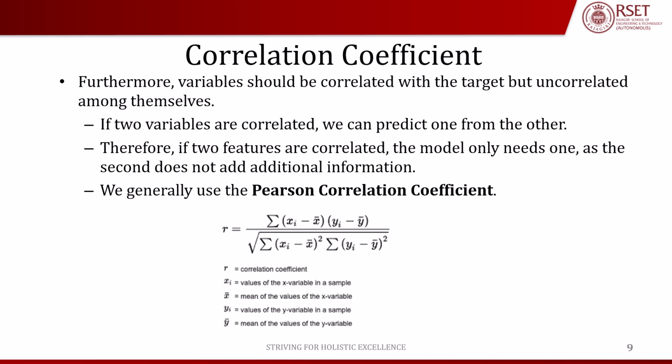The denominator handles the normalization, and this value, Pearson's correlation coefficient, ranges from -1 to +1.